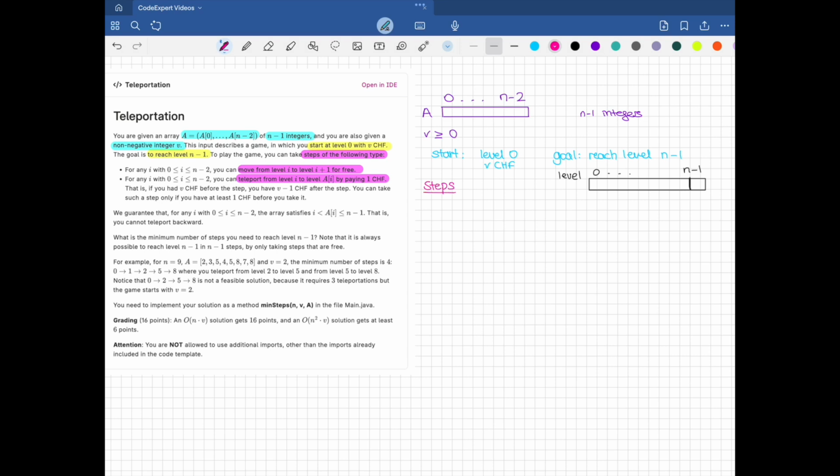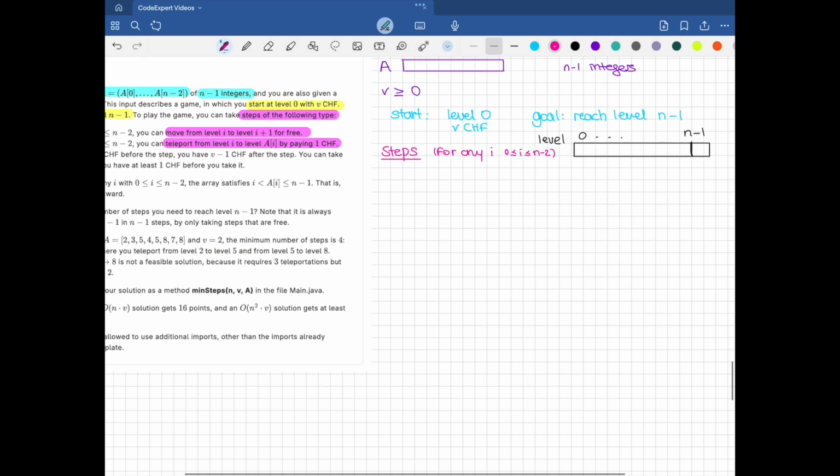So the thing that you have to ask yourselves here is, what can happen at level I? That is how you define your recursion. So we're at level I, what can happen?